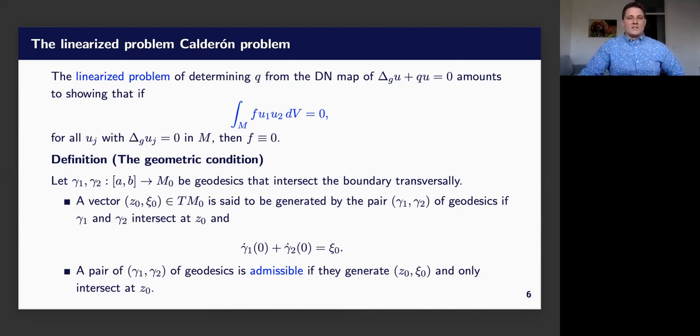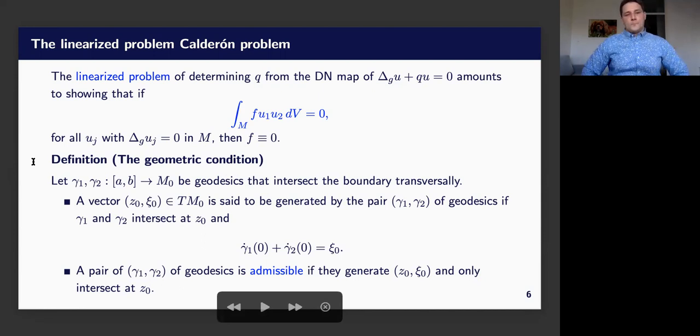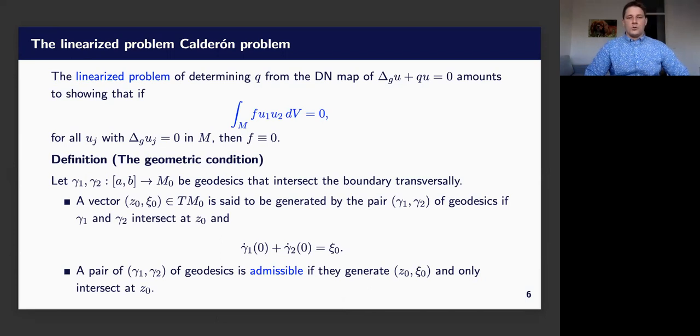definition, which is the geometric condition we use in the theorem. It goes as follows. So let gamma 1 and gamma 2 be two geodesics that intersect the boundary transversally. Another word for this is that gamma 1 and gamma 2 are non-tangential.